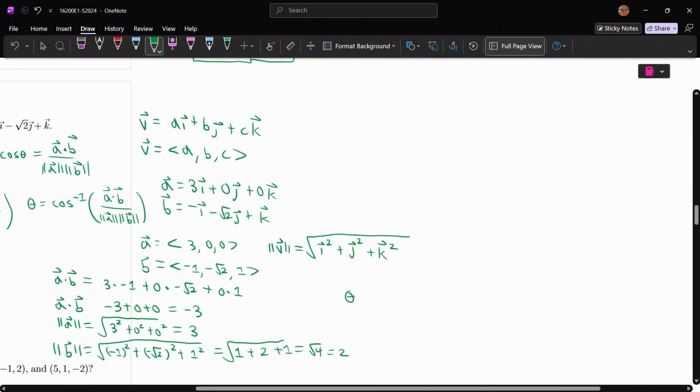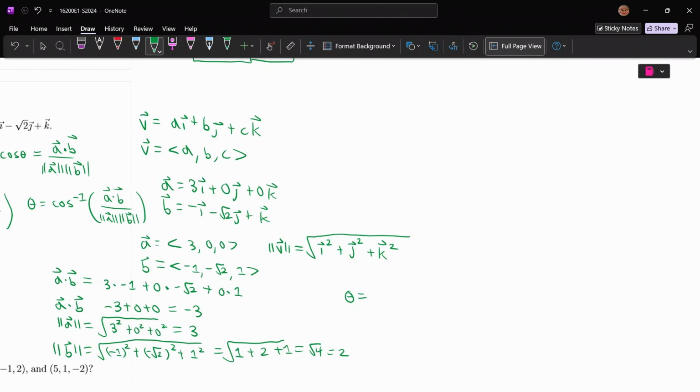We know that theta is equal to the cosine inverse of, where's our dot product? Our dot product is over here. Yeah, it is. Okay. Negative 3 divided by 3 times 2, which gives us the cosine inverse of negative 1/2.